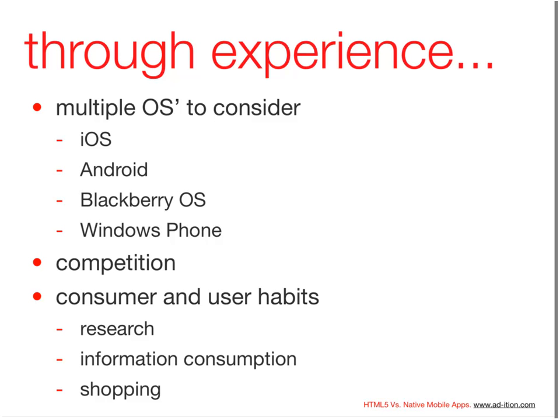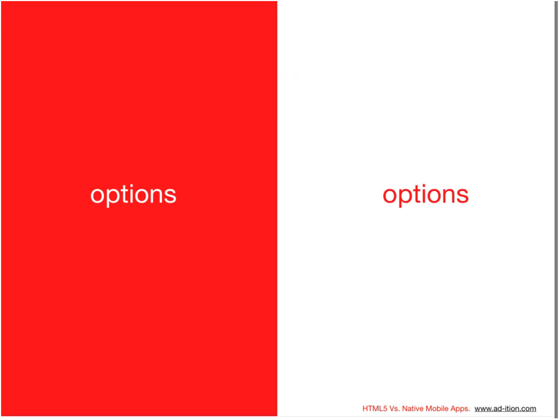No longer is it okay for us to provide people with WAP-enabled versions of our websites. People are looking for functionality that's tactile and intuitive and works with their mobile phones. So through our experience to date in dealing with mobile strategies, we've realized that we've got a lot of work to do to make it more intuitive for our users. One of the good things to say, though, is that we do have options.